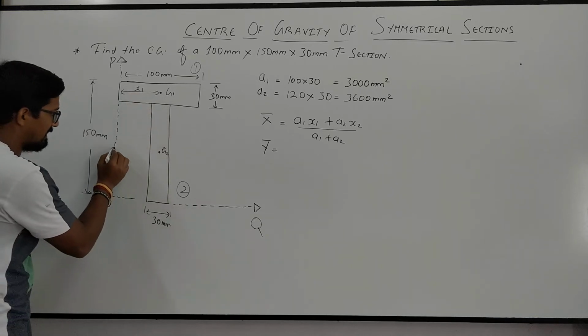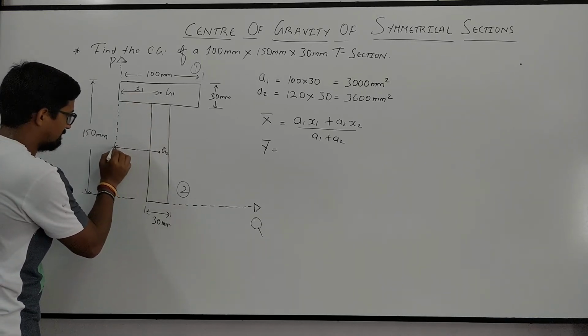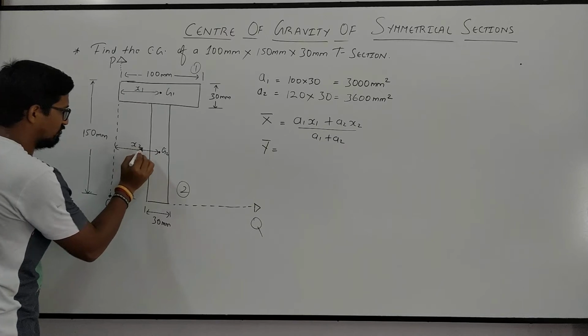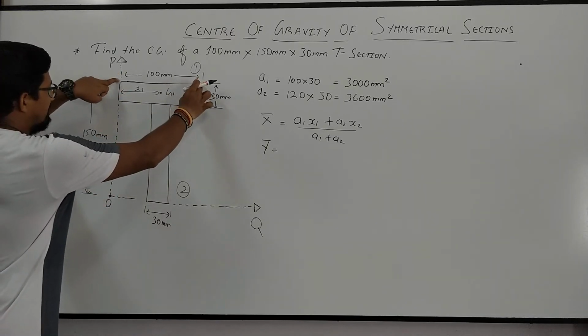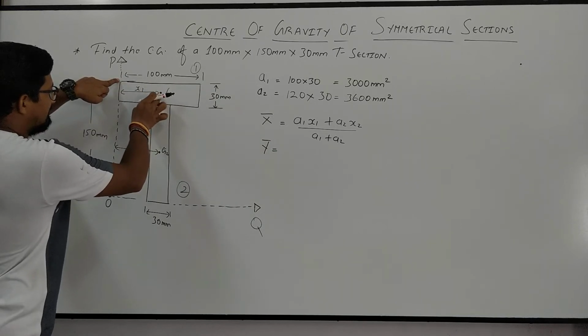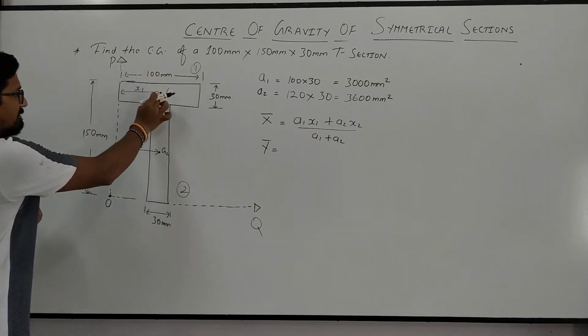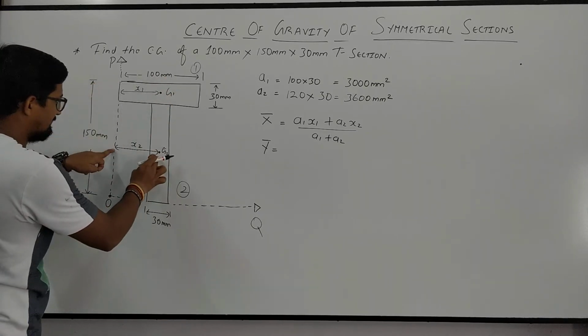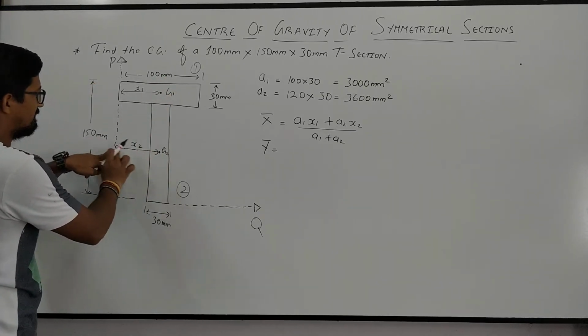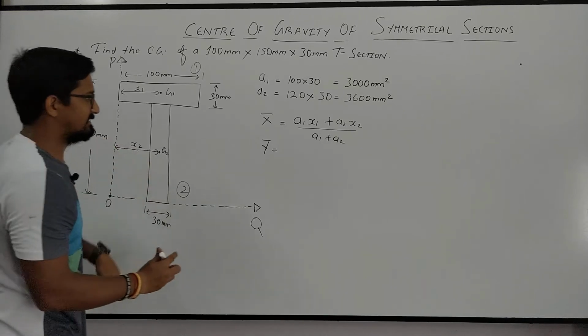From the geometry we can easily see this is 100, at the center, so it will be 50. Similarly here, it is at the center, so 50. So x1 and x2 are 50.